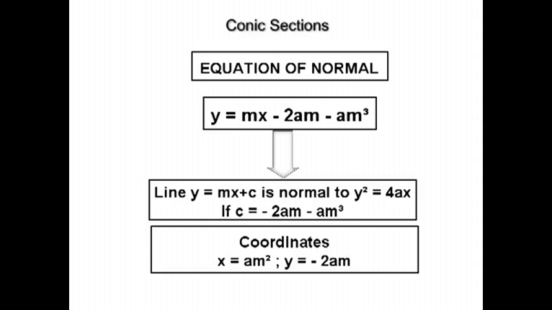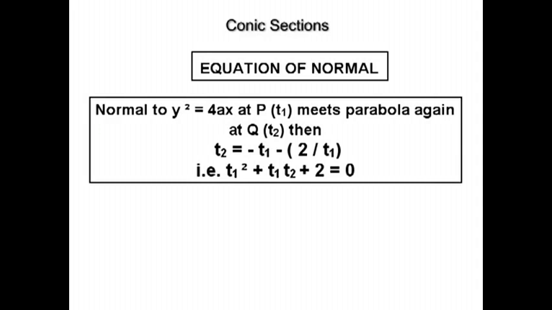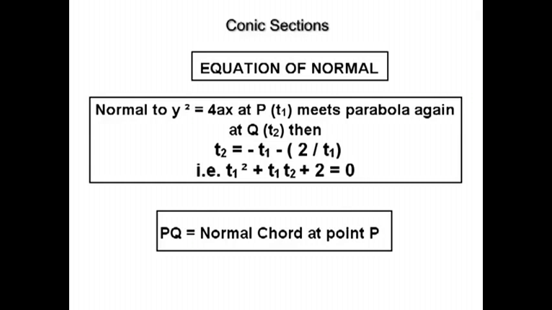If the normal to the parabola y² = 4ax at P(t1) meets the parabola again at Q(t2), then t2 = -t1 - 2/t1, that is t1² + t1t2 + 2 = 0. Here PQ is called the normal chord at the point P.